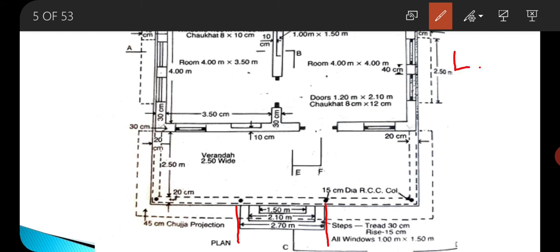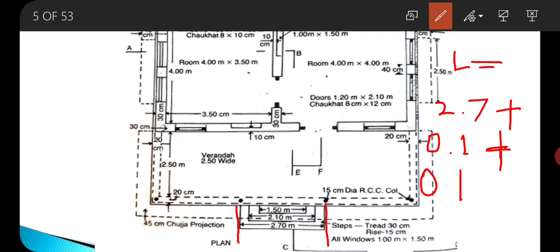The bottommost step is of length 2.7. But the cement concrete work is prepared in excess of this length. So the excess is taken as 0.1 on both sides. So this will give you the length as 2.9.